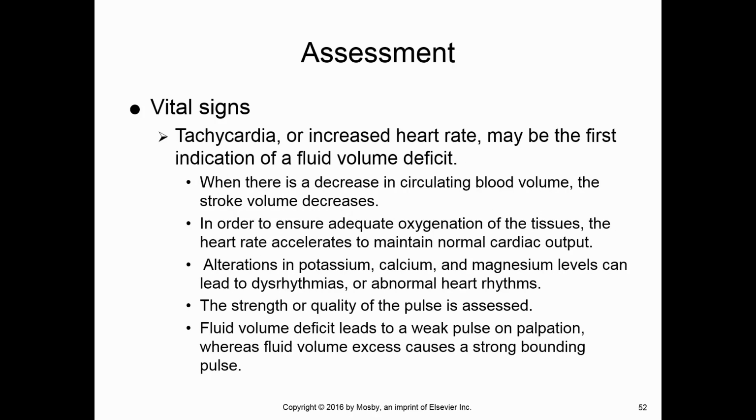Okay, tachycardia or increased heart rate, that's related to a fluid volume deficit. So we don't have as much circulating blood volume, so we have a decreased cardiac output, we have decreased blood pressure. To compensate for that, our heart is going to increase its rate to try to get more fluid pumping.